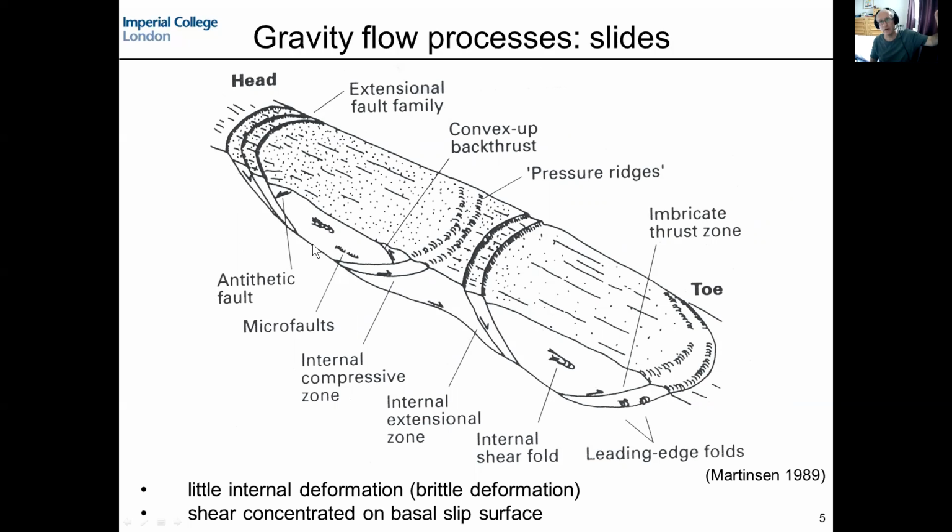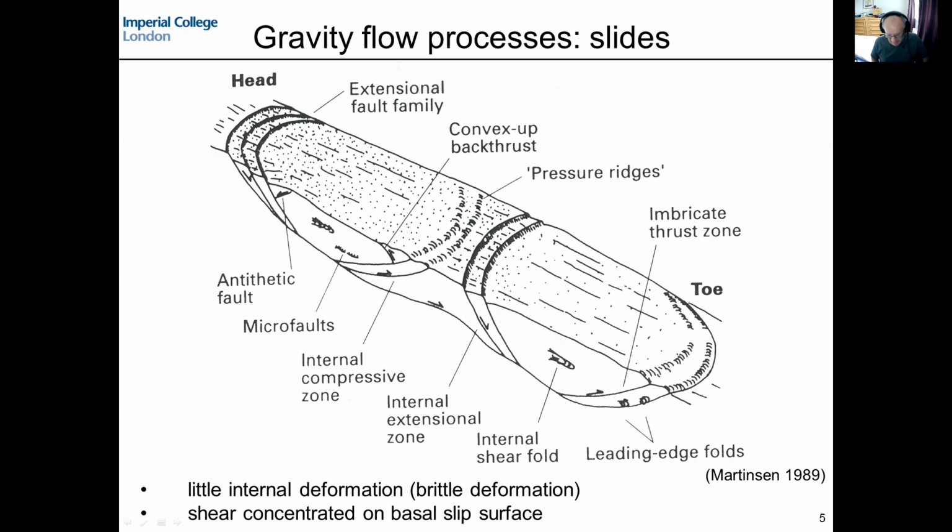We have this block moving down a slope. The key thing about slides is they have relatively little internal deformation. And where we do see internal deformation, we're seeing faults. Those faults tell us that that deformation is brittle. Okay. So this would be a slide.